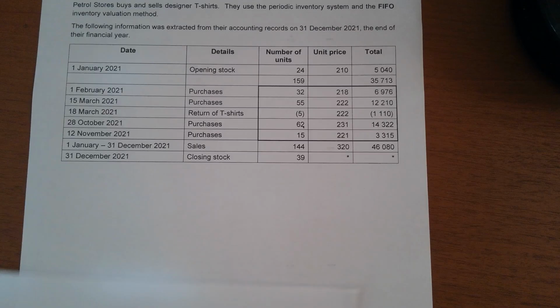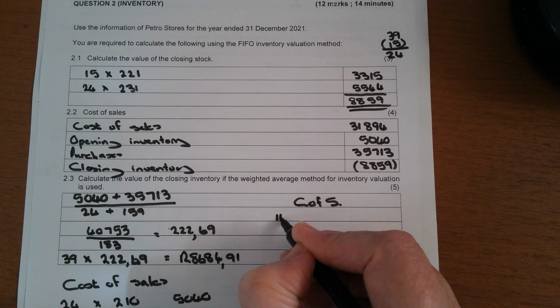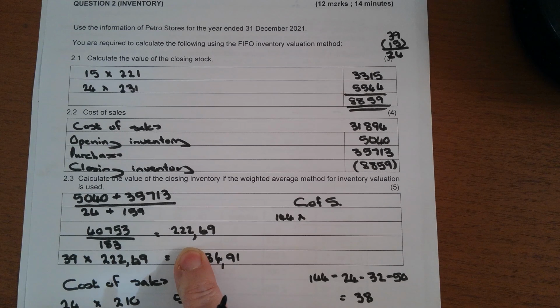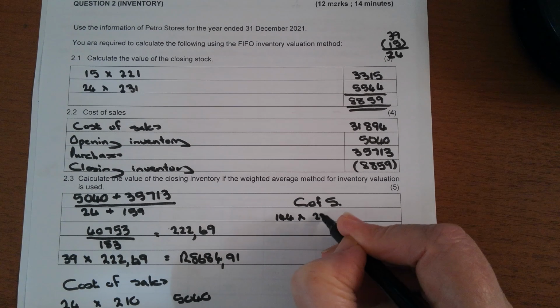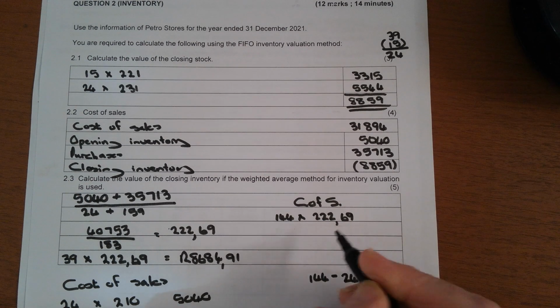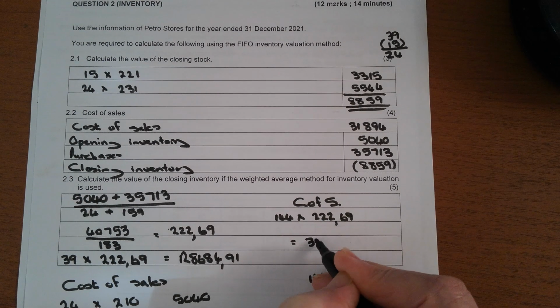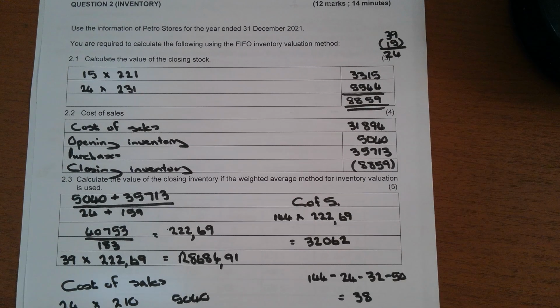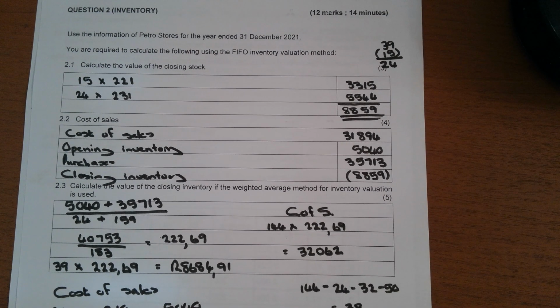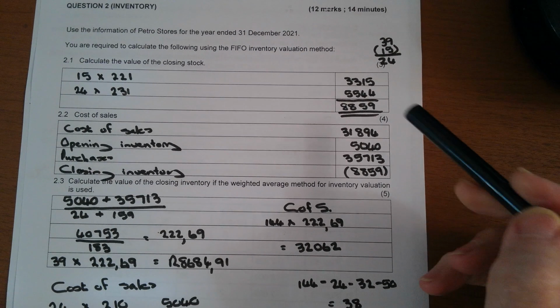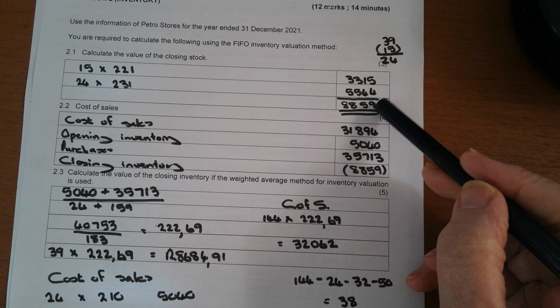So my sales was 144 units. So I take the 144 units and I multiply it with this average price of 222 Rand and 69 cents, and that gives me 32,062.